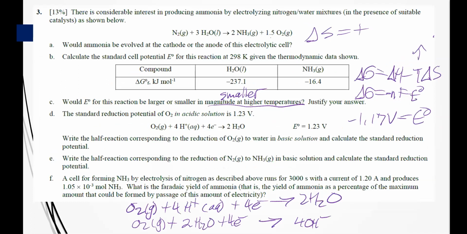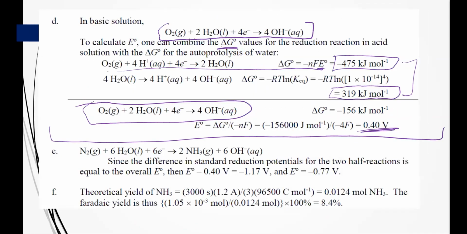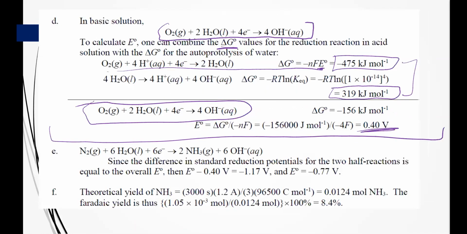They want the reduction of our N2 to NH3 in our base solution, and then they want us to calculate that. And so we do the same thing as what we had up here. The only difference is that we're going to add in hydroxides instead of O2.